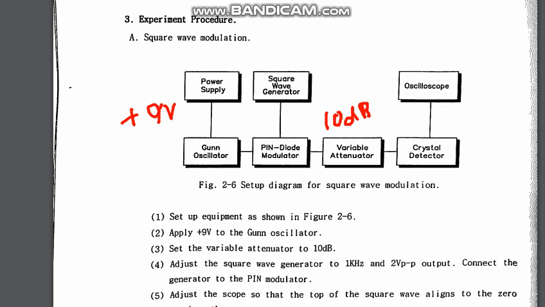Adjust the square wave generator to 1 kilohertz and 2 volt peak to peak output, which means we have to verify the square law. Connect the generator to the PIN diode modulator, and then the crystal detector. We have to find out the operation of both in one circuit.